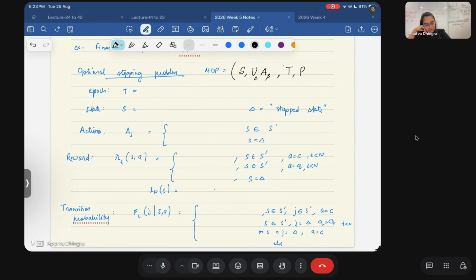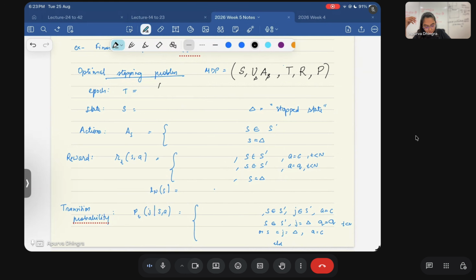Then there is a reward mechanism for all the states, actions, and next states. There is also a probability distribution, or the transition probability: what are the chances that you'll go from this state to that state, given that a particular action has been taken and you're starting from a particular state. So let's formalize all of these things for the core problem.